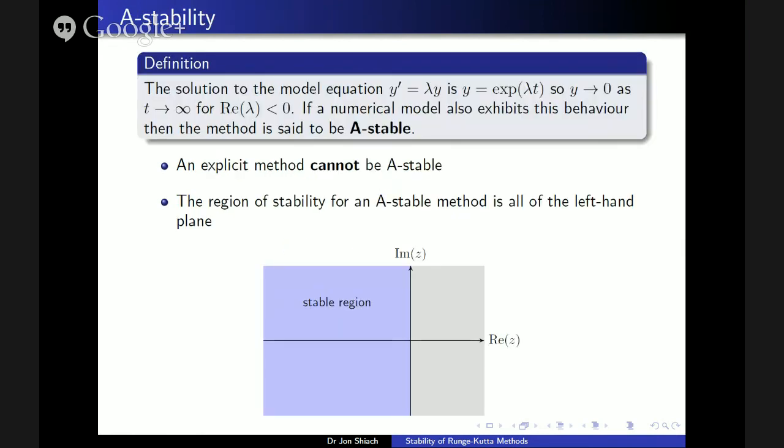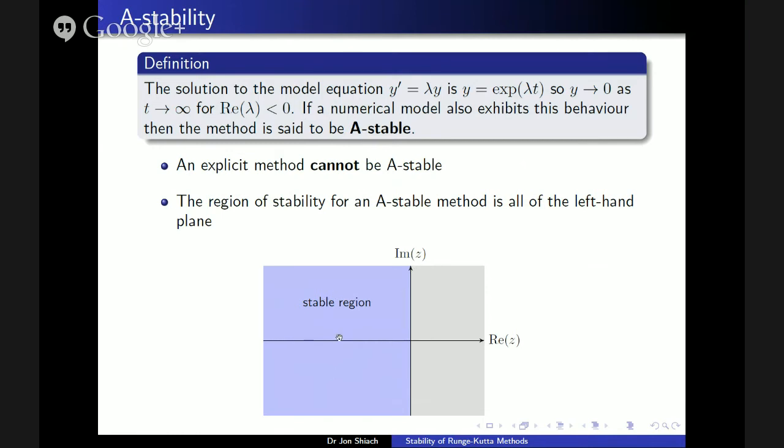Implicit methods: I mentioned a few weeks ago when we first dealt with them that we get much better stability properties than explicit methods. One of these properties is A-stability. A-stability essentially means the stable region is everything in the negative real plane, everything to the left of the plane.